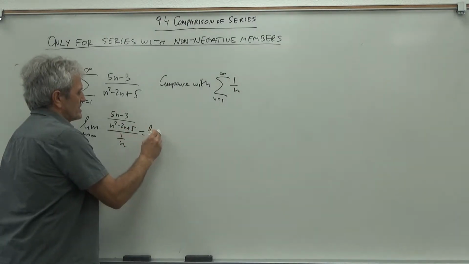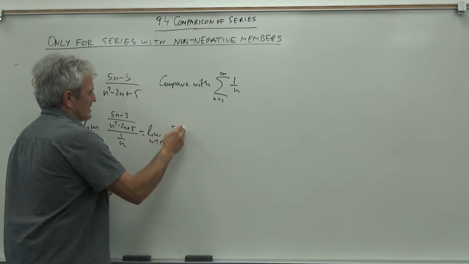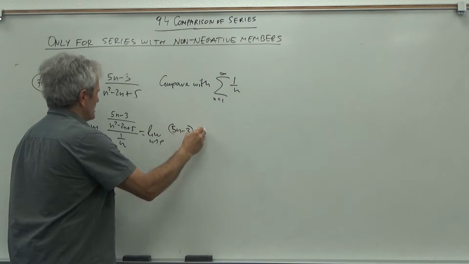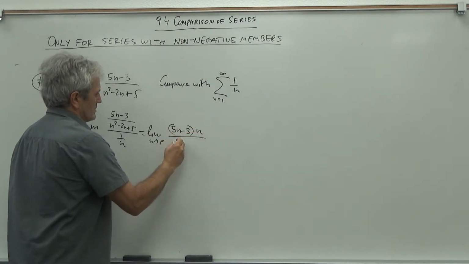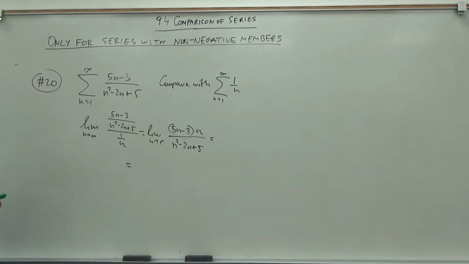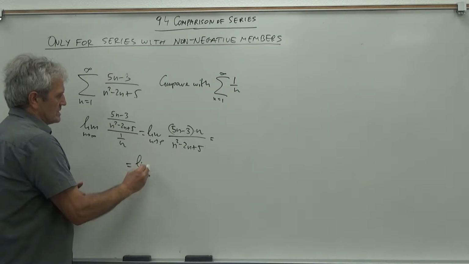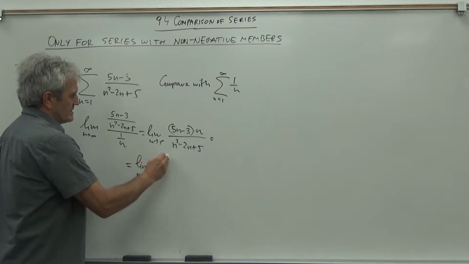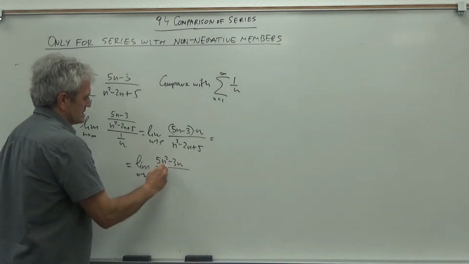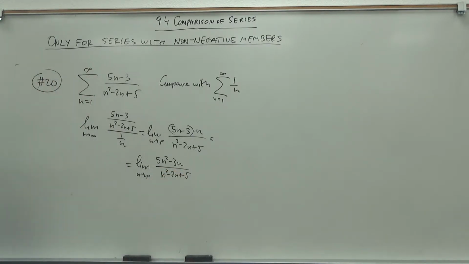Then we do little fractions. Multiply by the reciprocal, so I get 5n minus 3 times n over n squared minus 2n plus 5. The limit when n goes to infinity of 5n squared minus 3n over n squared minus 2n plus 5.